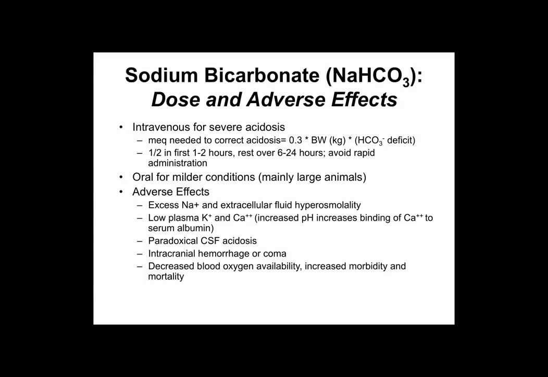As you notice, you don't correct the entire cellular volume, water volume of the animal. You do about half of it. So you do it slowly, because you want to avoid rapid administration to allow all of those compartments, the plasma volume and the interstitial volume and the intracellular volume, to equilibrate. In large animals, for milder conditions, we can give bicarbonate orally.